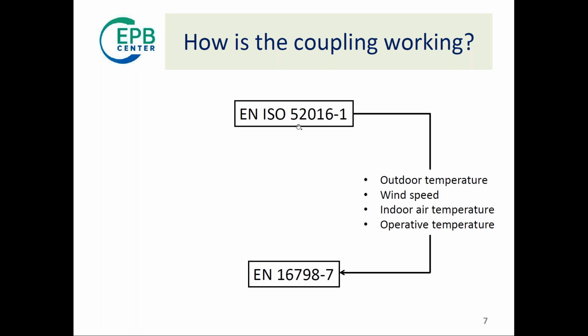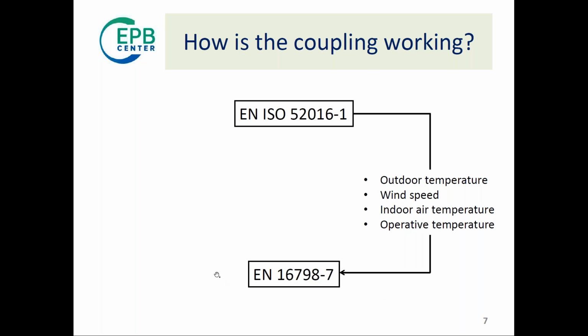From the building energy needs calculation for a certain time step, or calculation interval actually, information is transferred to the ventilation flow rate calculation. This is the outdoor temperature, wind speed, the indoor air temperature, and the indoor operative temperature. This is the information that is transferred.